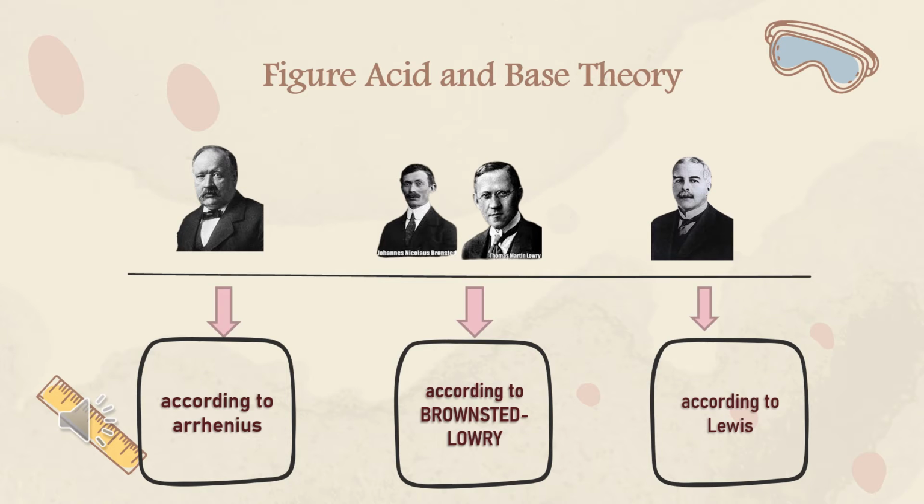There are 3 figures who gave opinions about acid and base. So this is the 3 figures of acid and base theory: Arrhenius, Bronsted-Lowry, and Lewis. So, acid and base theory according to Arrhenius, according to Bronsted-Lowry, and according to Lewis.